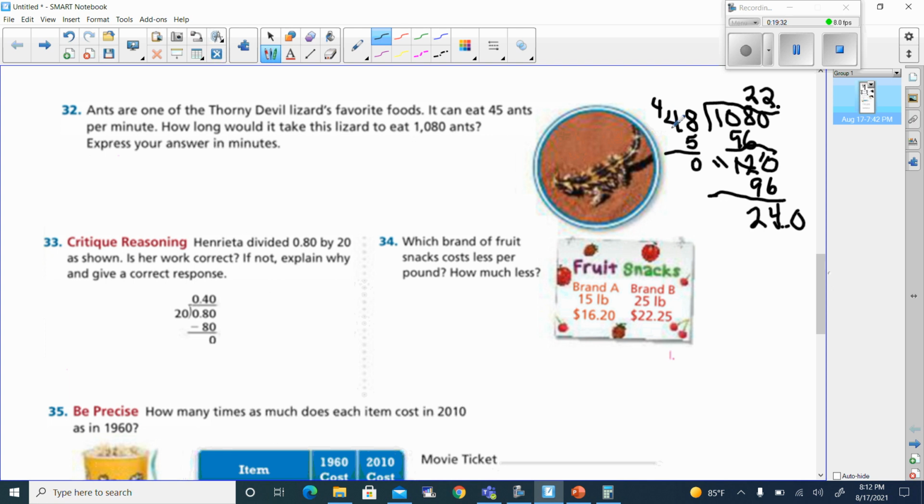Hey, look at that. 24. So, 240, remainder is 0. So that would be a 5 over here, 22.5. So my answer would be 22 and 1/2 minutes.